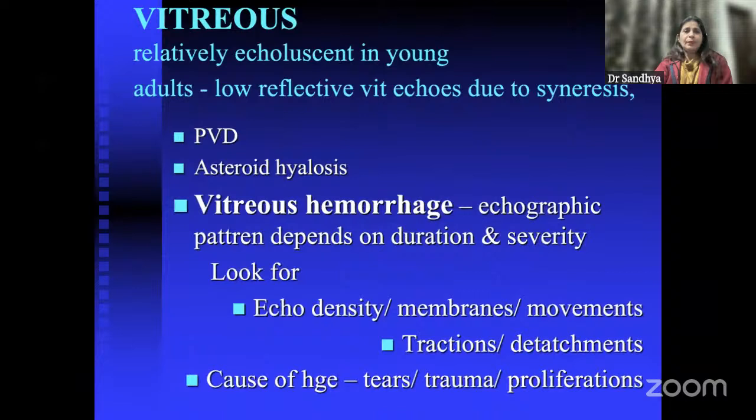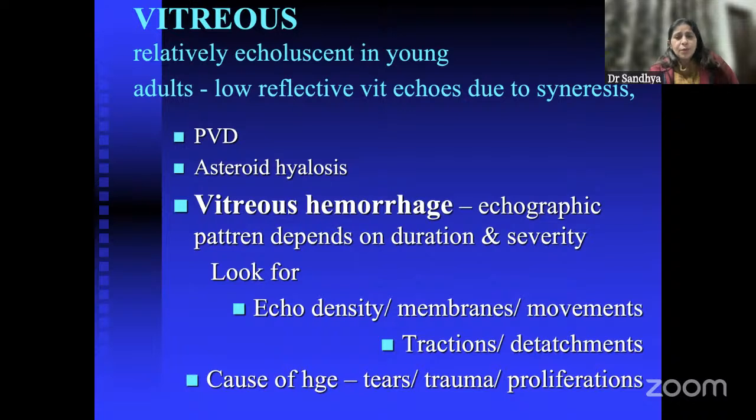Vitreous is relatively echolucent in young people. In adults, you might see some low reflective vitreous echoes due to syneresis. And again, with age, it may have a little more syneresis. So in the vitreous cavity, the major pathologies that you see are PVD. You might see asteroid hyalosis, with different shadows of asteroid hyalosis.